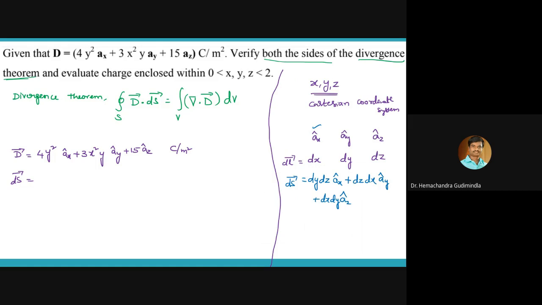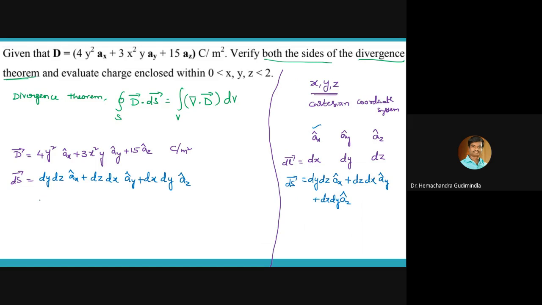Generally, books give dy dz ax, dz dx ay, dx dy az as separate terms, but you can write them all together: dy dz ax cap plus dz dx ay cap plus dx dy az cap.